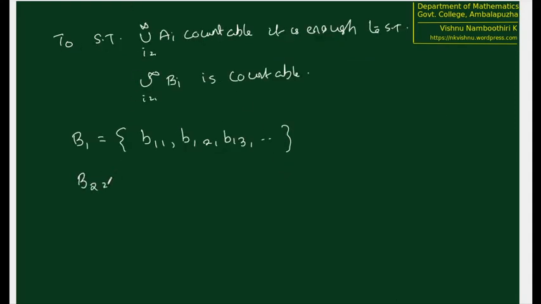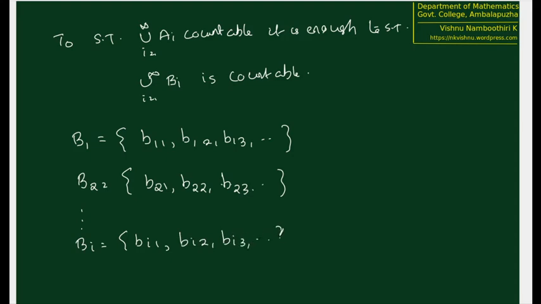Now b_2 equal to b_21, b_22, b_23, etc. And in general, we have b_i equal to b_i1, b_i2, b_i3, etc. So we have a labeling for b_1, b_2, b_3, etc.